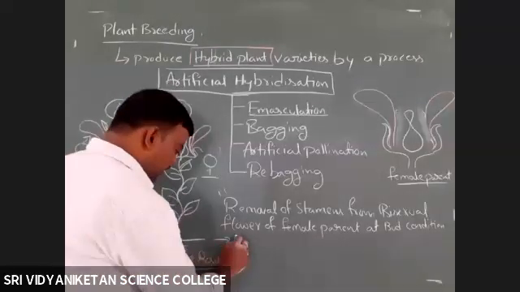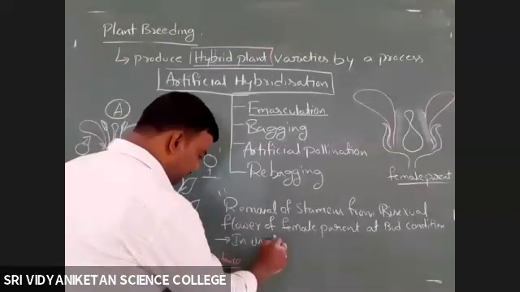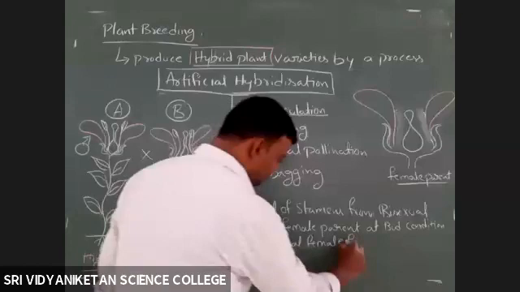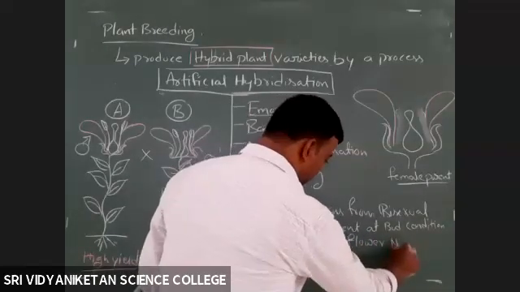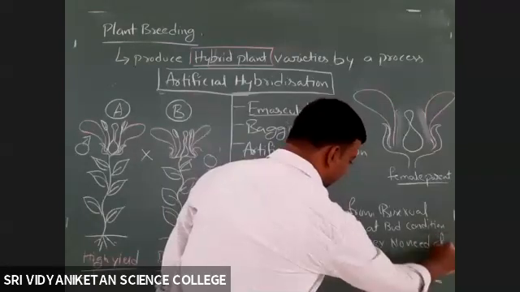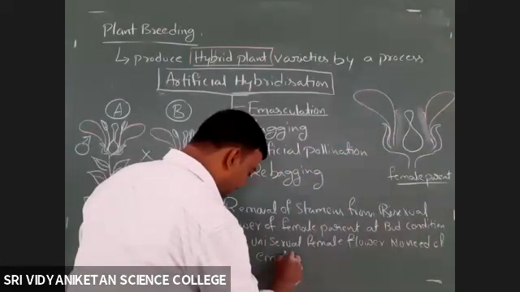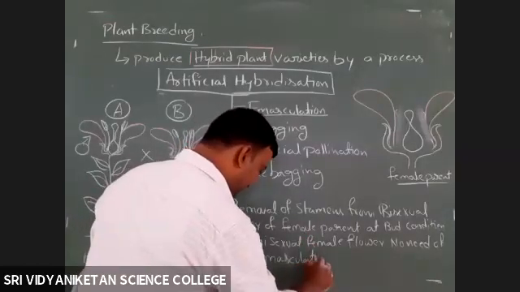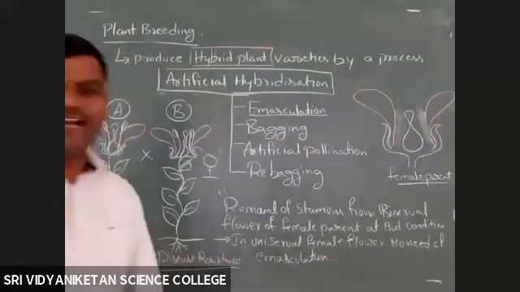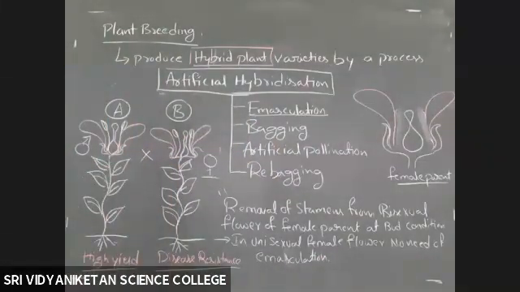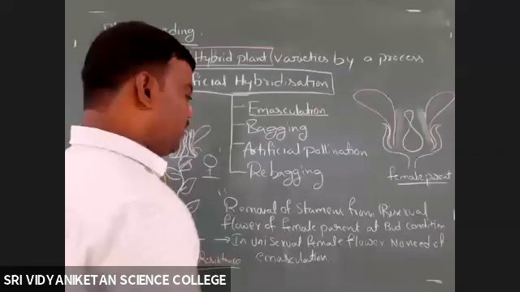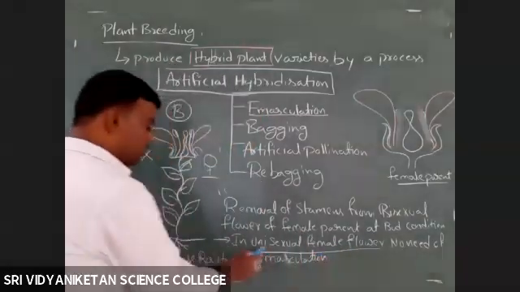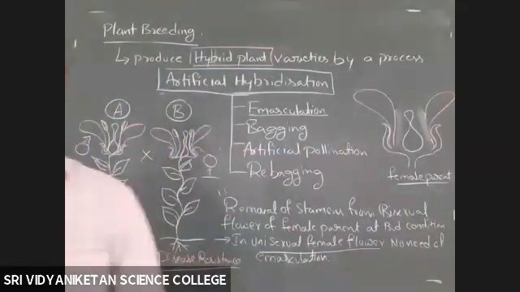So in a unisexual female flower, there is no need of emasculation, since the stamens are absent and there is nothing to remove. It's a very important point. In which flower is there no need of emasculation? In unisexual female flowers.